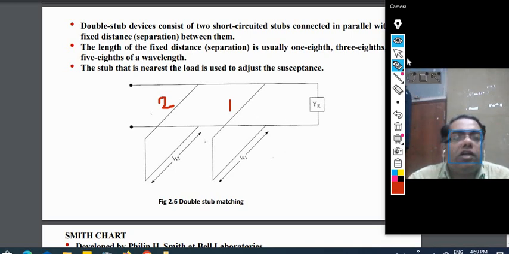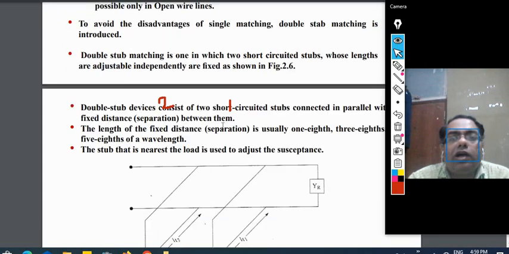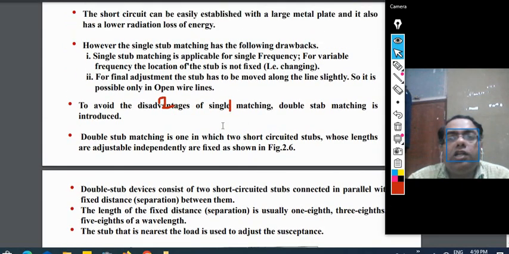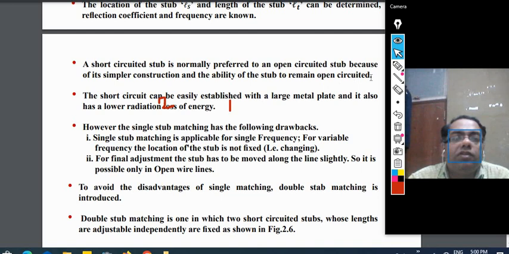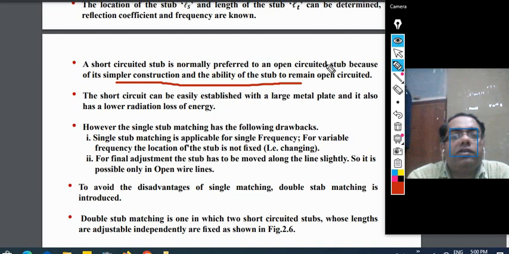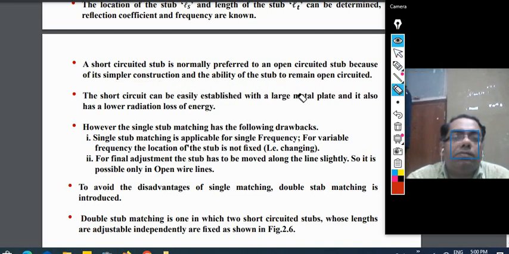Now here one thing I would like to mention, in short and open generally the short is preferred. The reason is its simple construction and ability to remain open circuited.